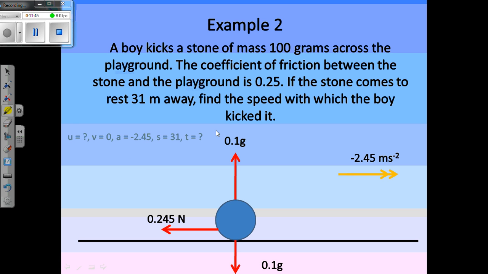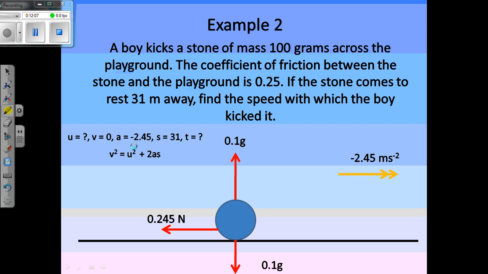Now, using SUVAT, we know that u, the initial speed, is unknown, which is what I'm trying to find out. v, the final speed, is going to be 0 because it comes to rest 31 meters away, and we've got negative 2.45 meters per second squared as acceleration.